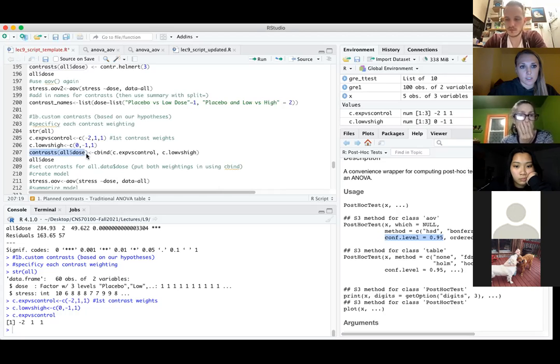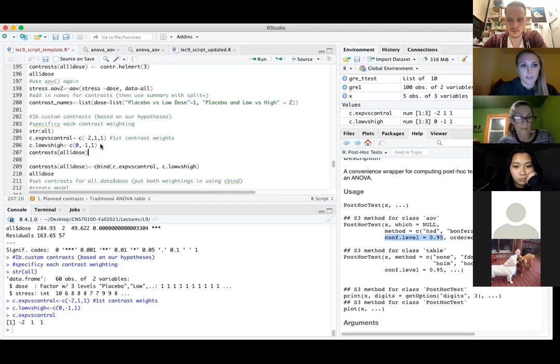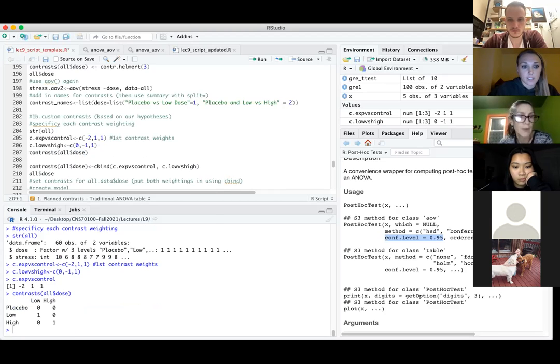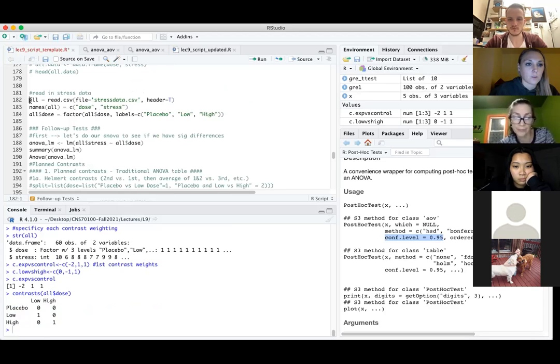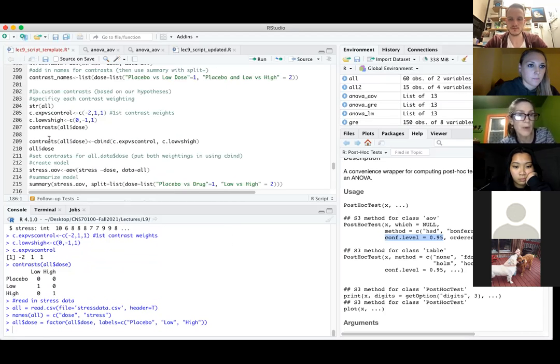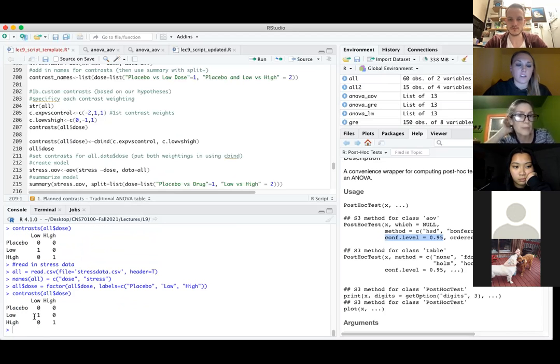So right now, if I just ran this part, if I looked at the contrasts that are in this data frame for dose, this is the standard that it's going to test, where it defaults zeros here for the placebo, and then comparing the low, and then down here it'll compare the high.